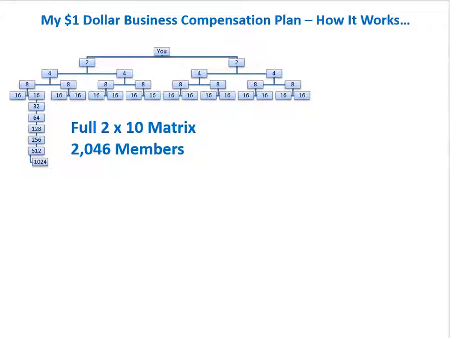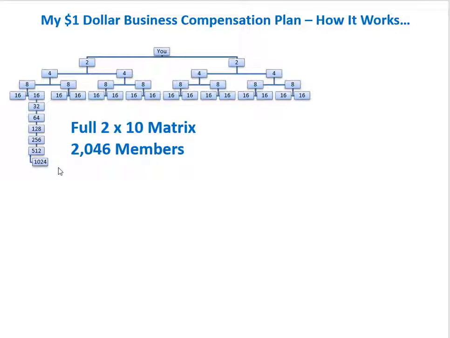If a 2x10 forced matrix were to completely fill, that's all 10 levels, you would have 2,046 members in your matrix. One way to look at that in this comp plan is that's 2,046 business centers, opportunities to earn income in this business.